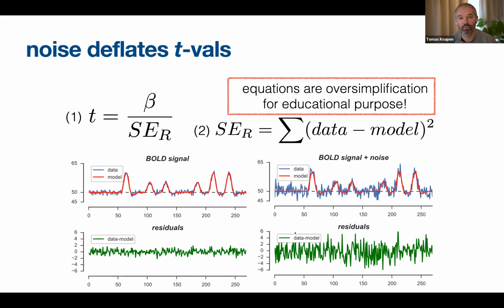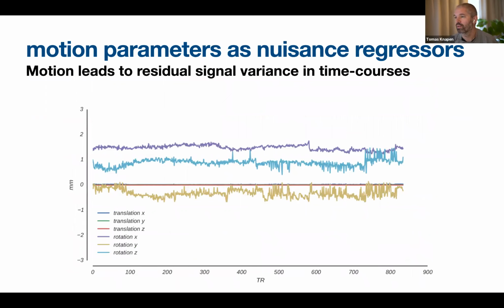Having said that, we go back to the motion parameters. We were putting the brains on top of one another, time point by time point, and we actually have a measure of how much we needed to shift the brain from time point to time point to align. If some of the unexplained signal is due to head motion, and in many cases it is, then we can create a regressor based on these motion signals that will allow us to explain parts of the variation in the signal that we couldn't explain before.